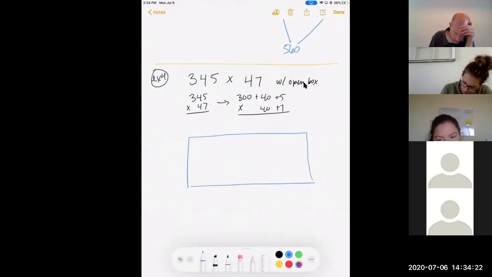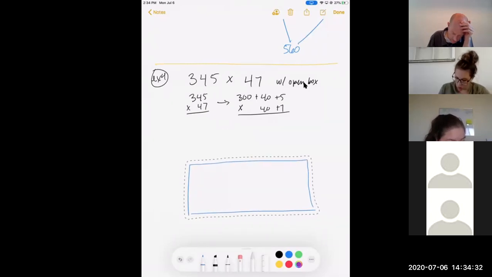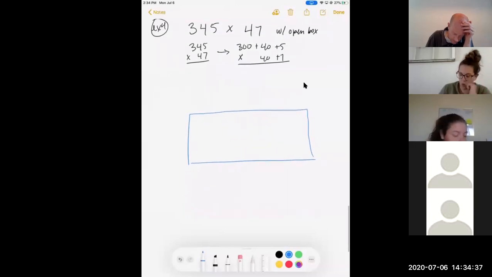Okay, since I have a 3-digit number, it's a long one, 345 times 47. We're going to take the first number, put it along the horizontal of the rectangle. So I break it up into 300 plus 40 plus 5.